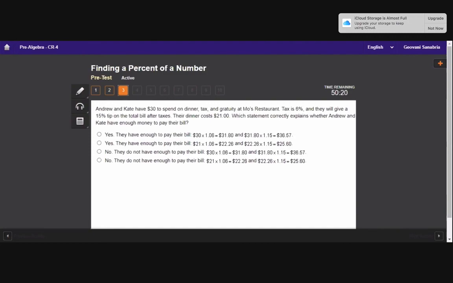The dinner costs $21. Oh, and then tax is 6%, and then they add 15% to that. Okay, I see what they're doing. Yeah, this one's okay. Let me try and figure it out, and then you can pause it, and then I'll explain it. Does that make sense? Yeah.